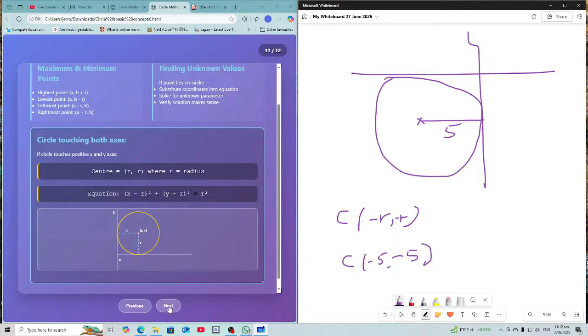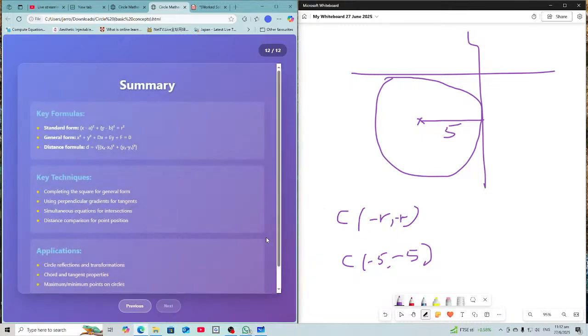So let's just do a summary. Key formulas, you should know that already: standard form, general form, and of course the distance formula, because if you can tell me the points on the circle, getting the distance formula can tell you the radius. So please understand that there are key techniques you need to take away.